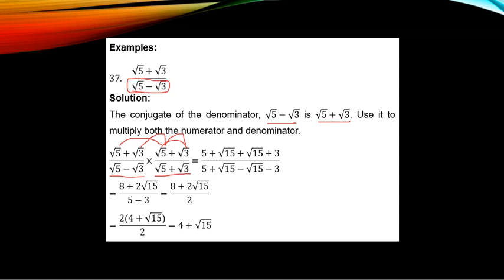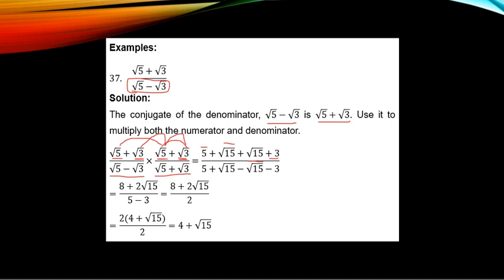Okay, so the first term here, root 5 times root 5, that is root 25, which gives you 5 in return. Root 5 times root 3, you have root 15. Now you use the second term, root 3 times root 5, you have root 15. The second term, root 3 times root 3, that is root 9, and root 9 is equal to 3.